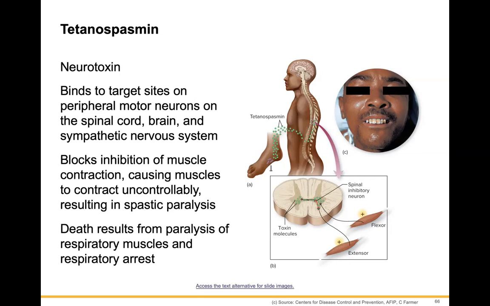As this toxin binds to those target sites, it blocks the inhibition of muscle contraction, causing muscles to contract uncontrollably, resulting in spastic paralysis. Eventually, if this is left untreated, death will result as the respiratory muscles go into a paralytic state, which leads to respiratory arrest.